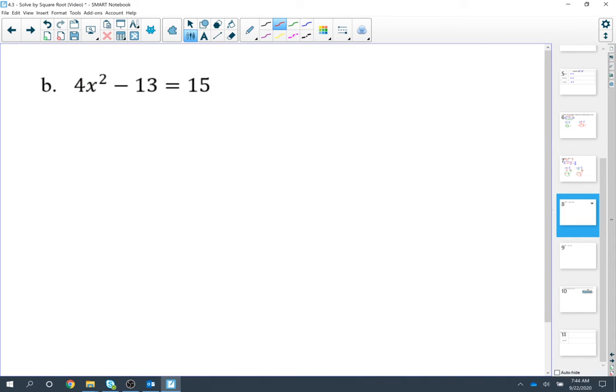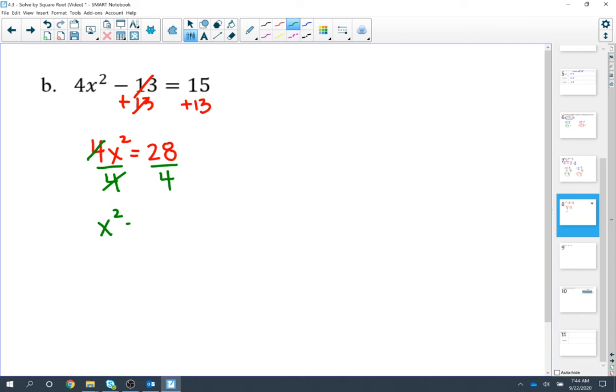Example B, 4x squared minus 13 equals 15. This time I'm trying to isolate my item squared, or my x squared, so I'm going to add 13. 4x squared equals 28. I still need to isolate the x squared before taking any square root, so we need to divide by 4.